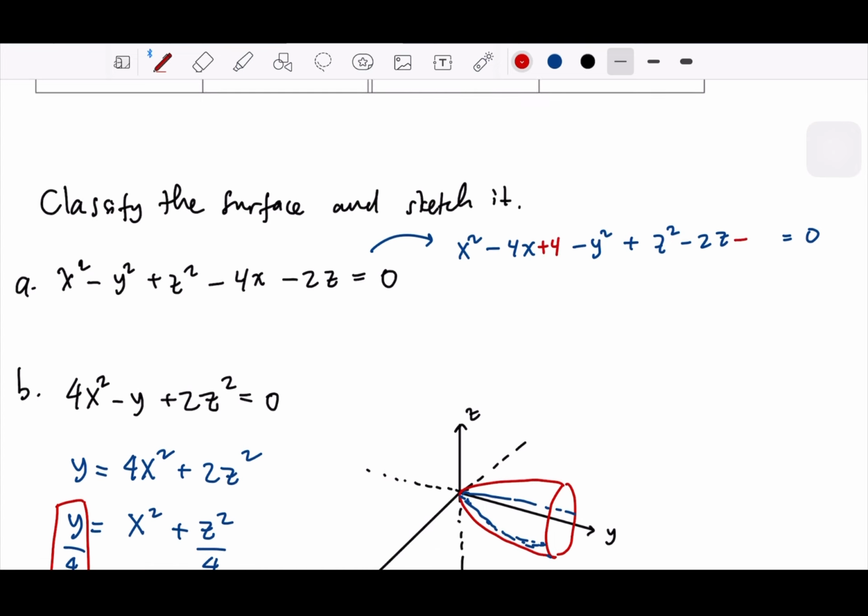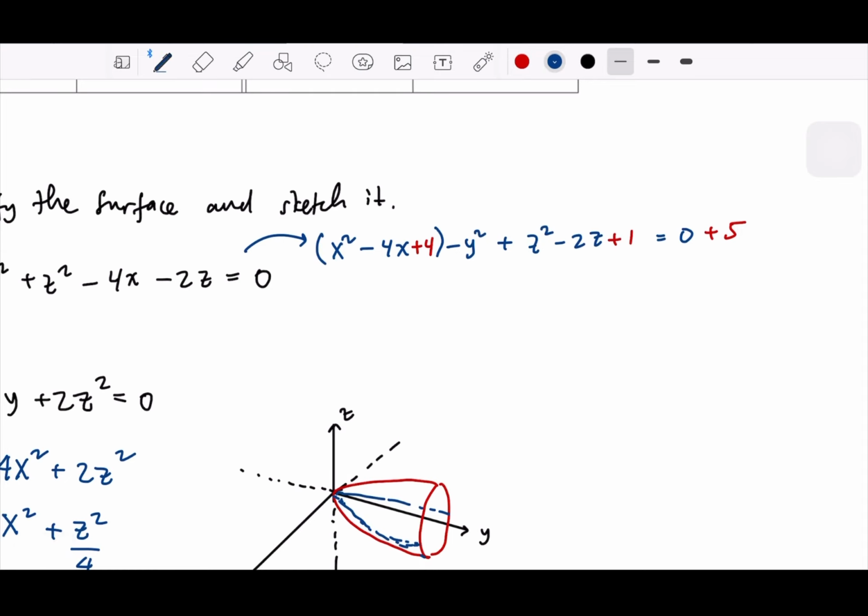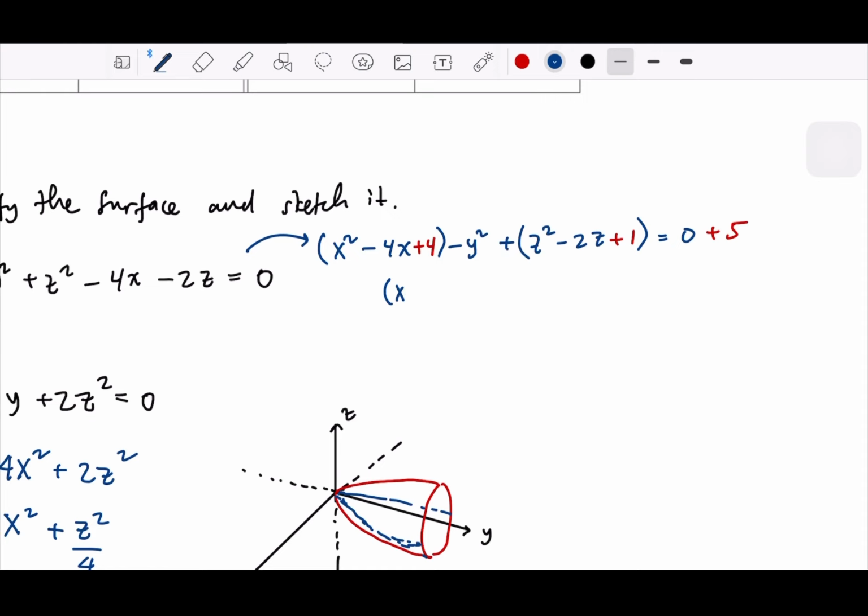Okay, now we have this equation, and it means that if we have this kind of equation, we are moving at least the center, or the vertex if it's a parabola.